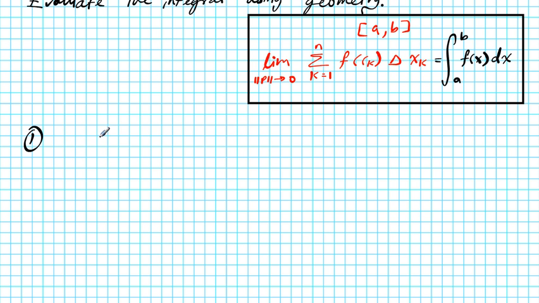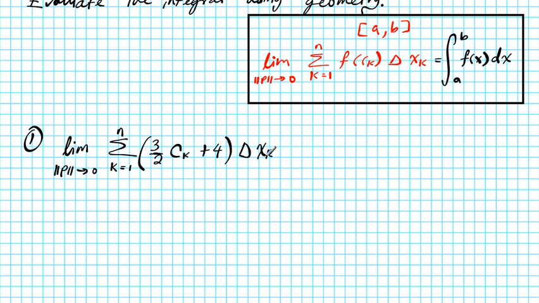What if we have the limit as the norm of the partition approaches 0 of the discrete sum from k equals 1 to n of 3 over 2 c sub k plus 4, so let's put parentheses here, times delta x sub k.